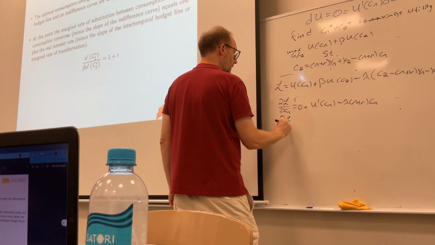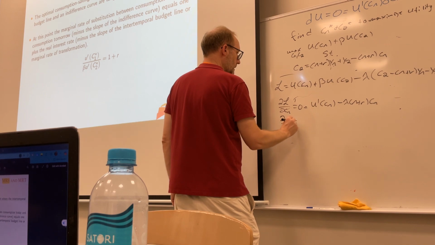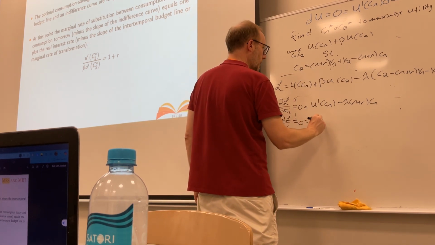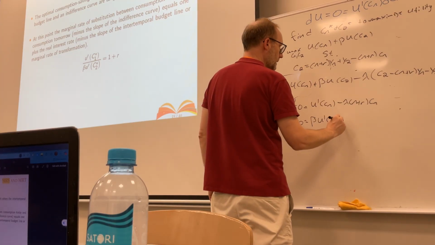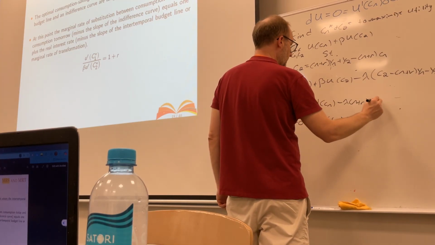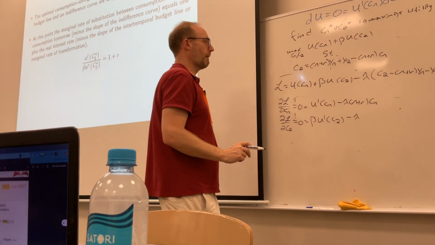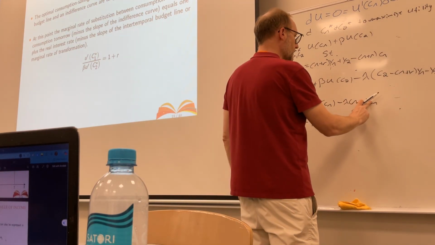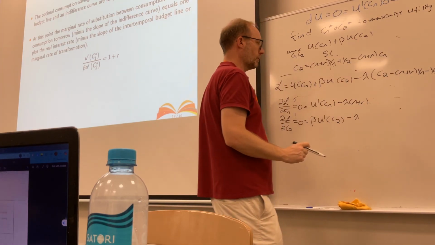And the Lagrangian with respect to c2 has to equal 0. So we get beta u prime c2 minus lambda equals 0.